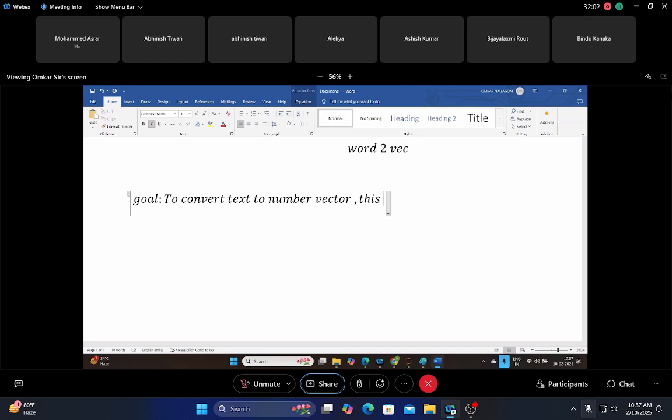This is also called an embedding vector. Also called embeddings. So this is our main goal.